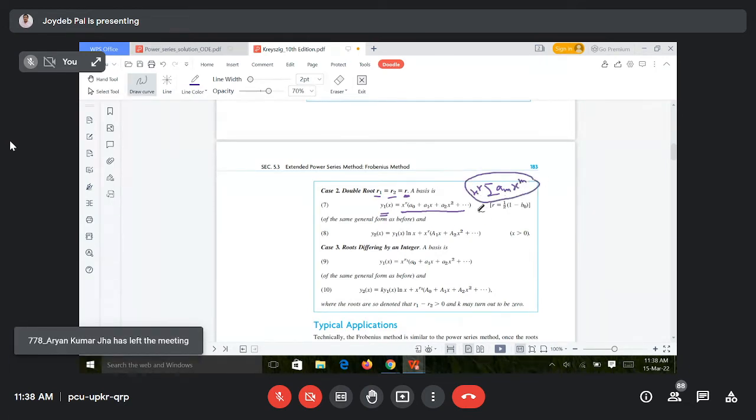One solution will be in this form, and the other solution is not exactly in that form. Actually, to find another independent solution, you have to apply a different technique.